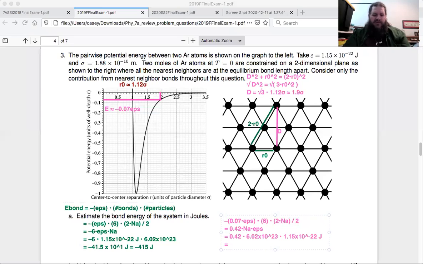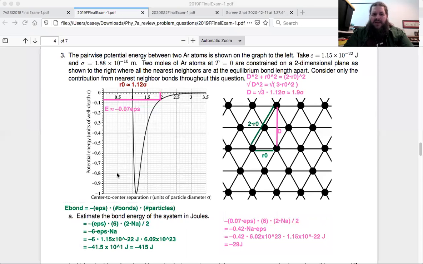And then we can multiply those together, 0.42 times 6.02 times 1.15. And again, the powers of 10 just work out to 10 to the 1. So 2.9 times 10 is about 29 joules, or negative. Don't want to forget those negative signs.